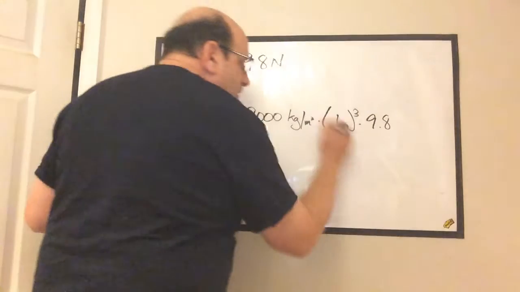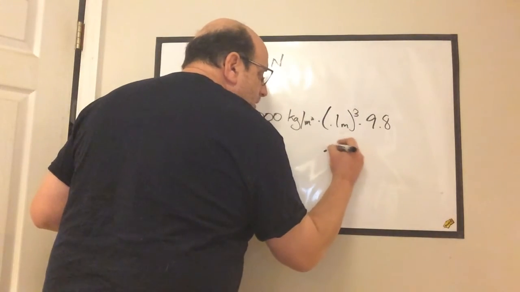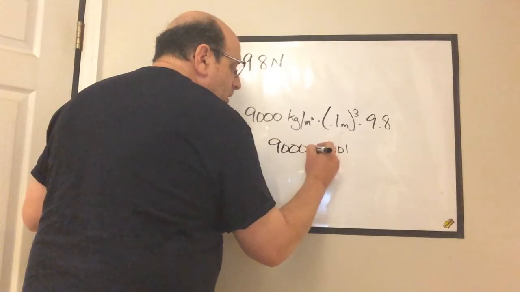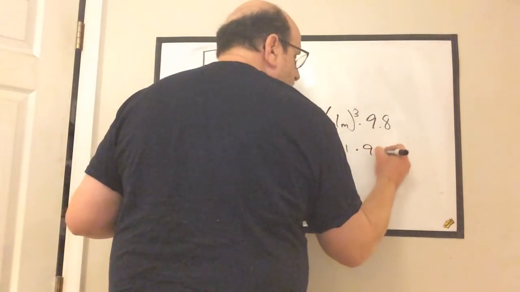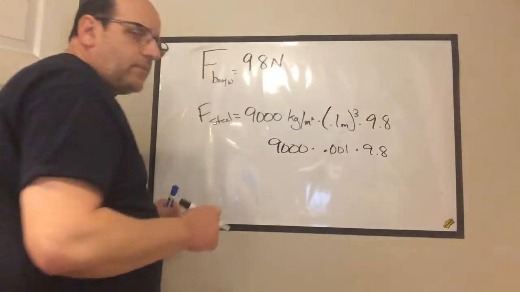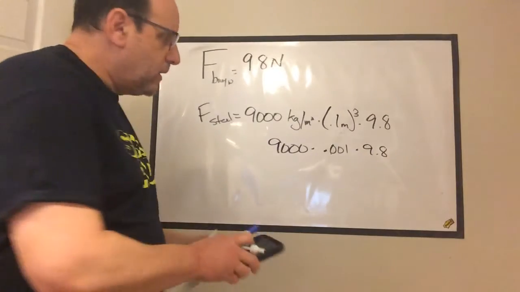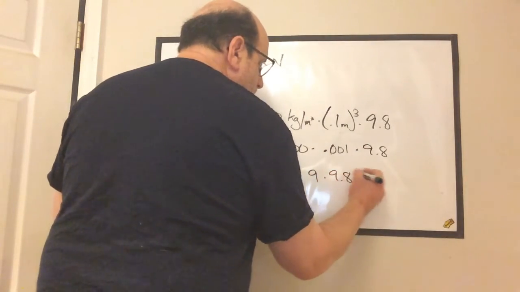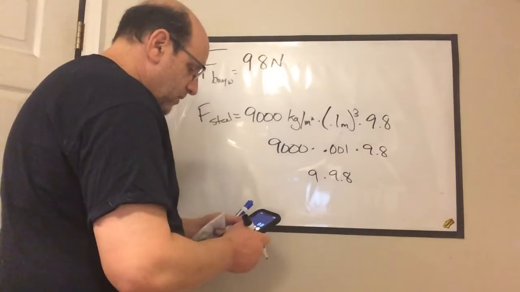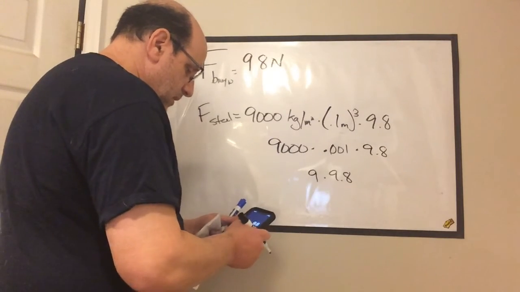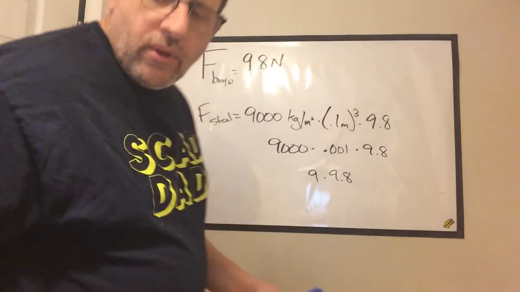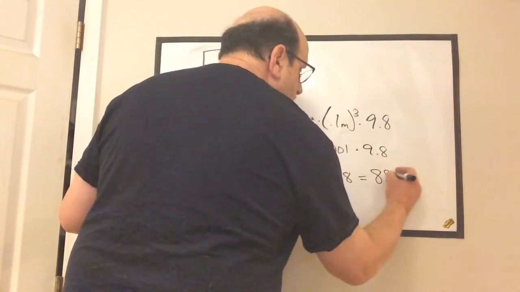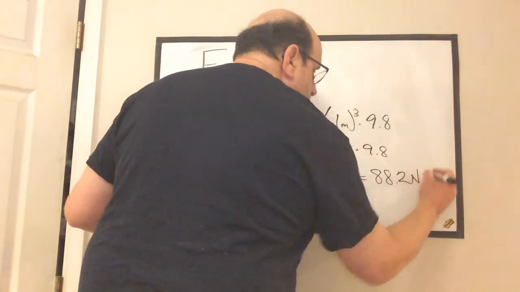If you already know that this is 1/1000th, and you know that this is 9,000, well, times 9.8. All right, well, geez, what's 9 times 9.8? And that's going to be your total force. 9 times 9.8 equals 88.2. That is the force of the steel.